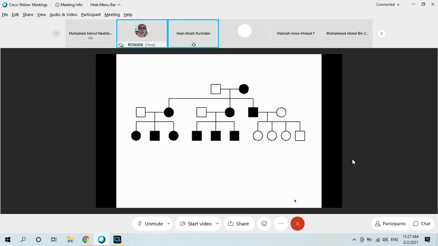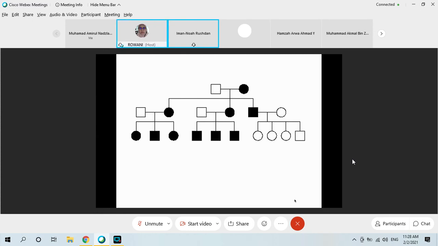And the mother transmits the disease to who? Son and daughter. And the father? The father doesn't transmit the disease to anyone.